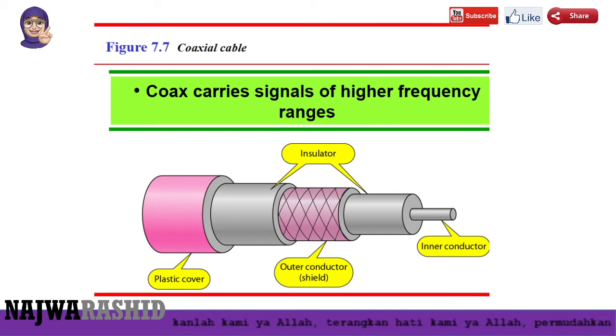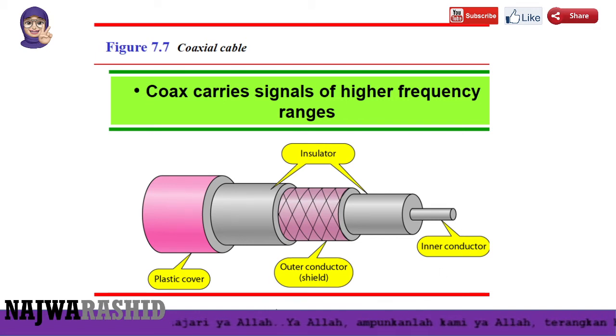Okay, the next one we go for the coaxial cable. The coax carries signals of higher frequency ranges. Here we have the plastic cover, the insulator, the inner conductor, and the outer conductor.